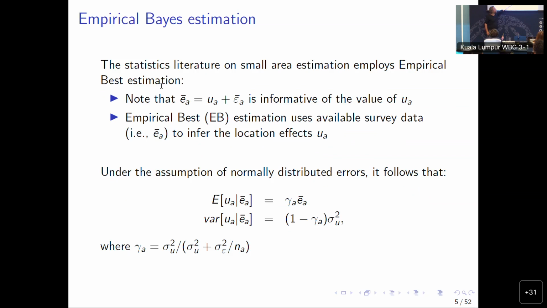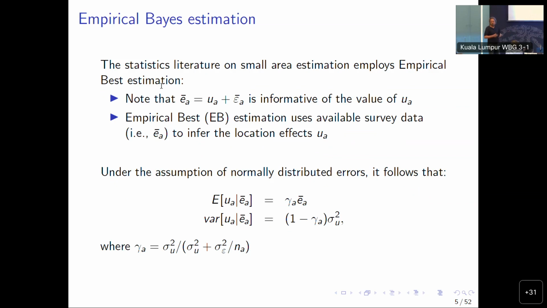Now, if this number gets really large, say you observe 1,000 households in area A, this term will go to 0, gamma will go to 1, and so that conditional distribution will get increasingly tight, and it will go to U_A. Because if the number of households sampled in area A gets very large, that epsilon bar A goes to 0, because the idiosyncratic errors are assumed to be independent across households.